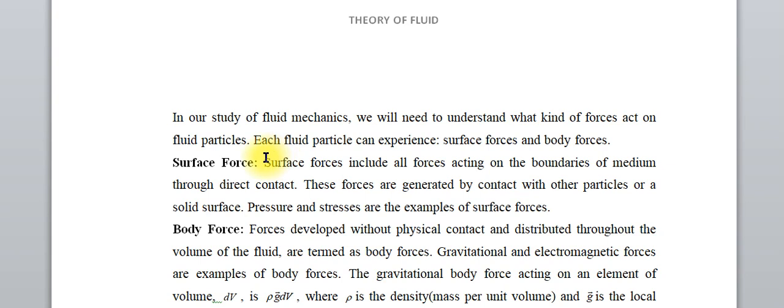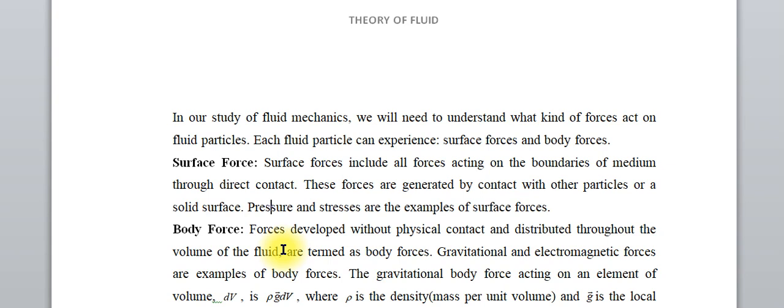Surface forces develop due to direct contact with the fluid surface, and body forces develop without physical contact and are uniformly distributed throughout the volume of the fluid.